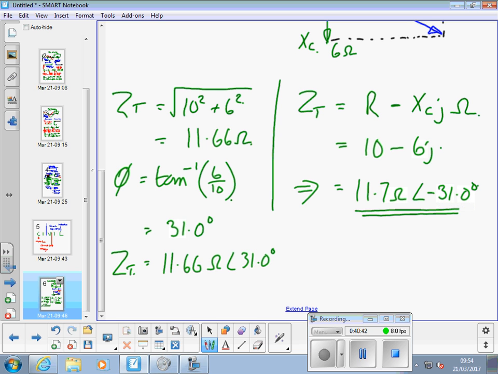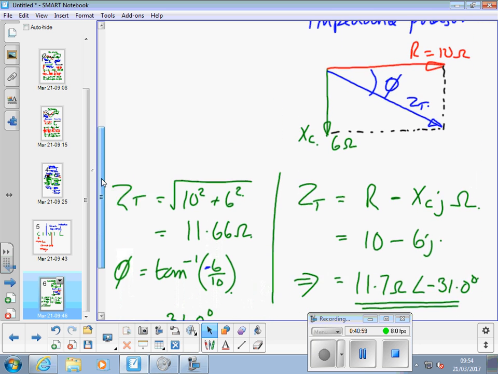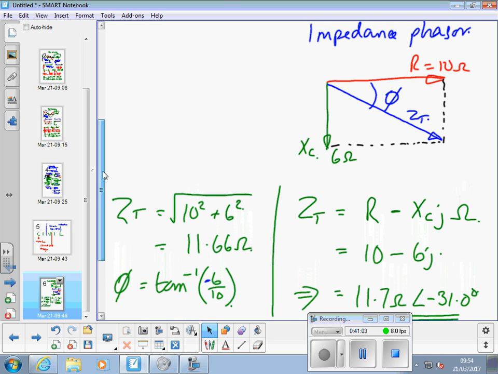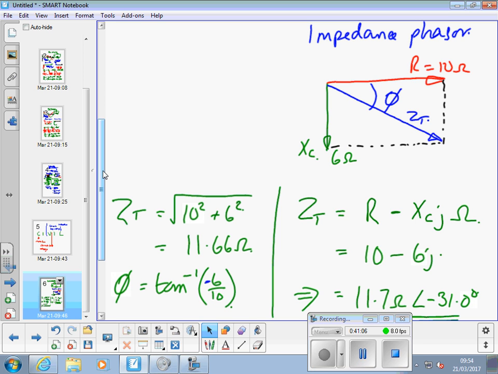So where have we gone wrong here? What change would give us a negative angle there? Yeah, we need to put -6 there. We need to recognise, in this particular case, we're interested in the full polar form, and therefore we must show that that's actually a value of -6 ohms, because that's 90 degrees downwards.